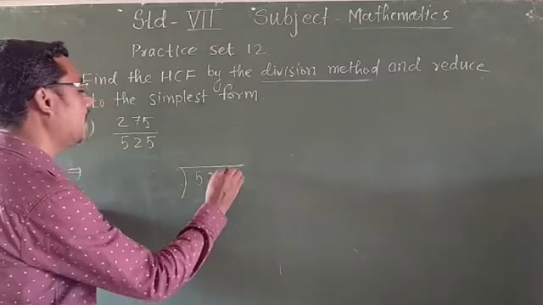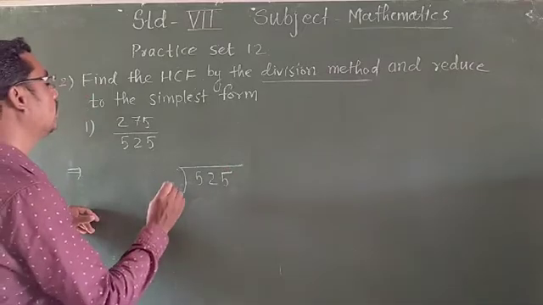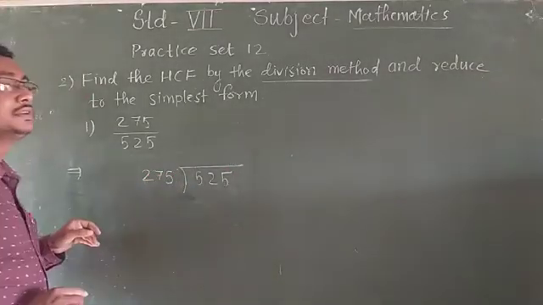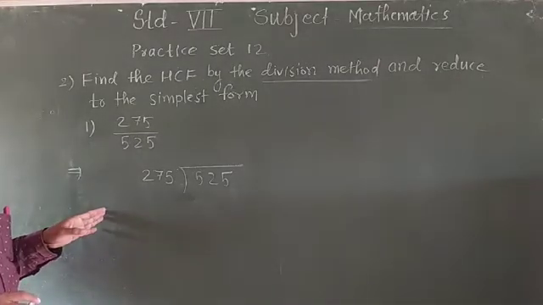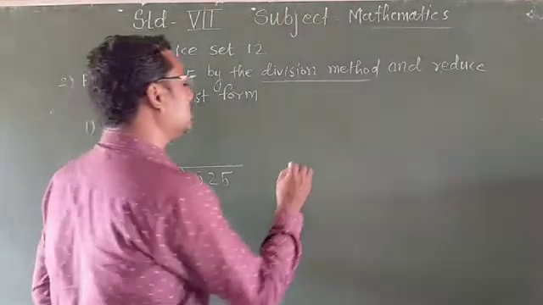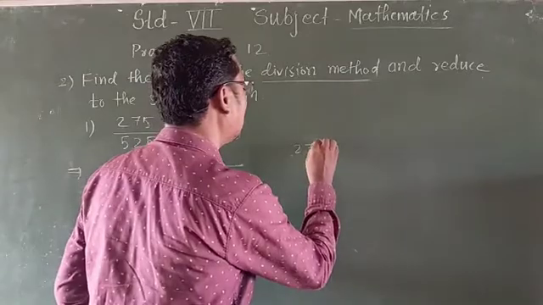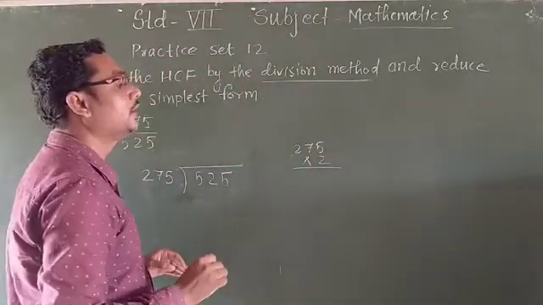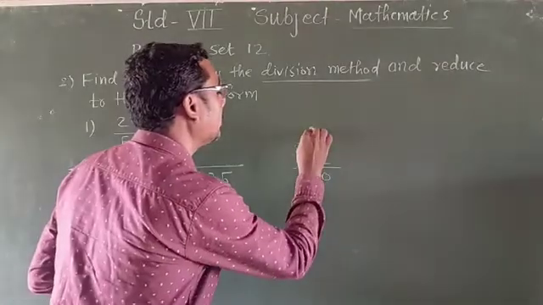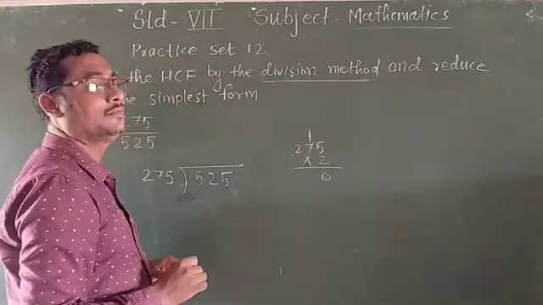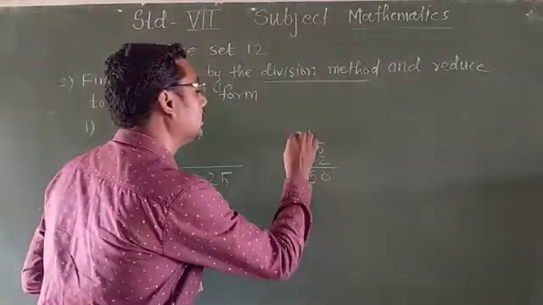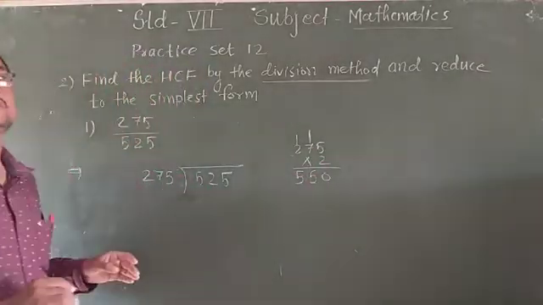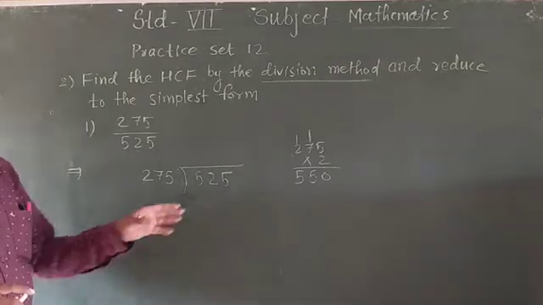525 divided by 275. Now look here, 275 times 2: 2 fives are 10, carry 1, 2 sevens are 14, plus 1 is 15, carry 1, 2 twos are 4, plus 1 is 5, so 550.